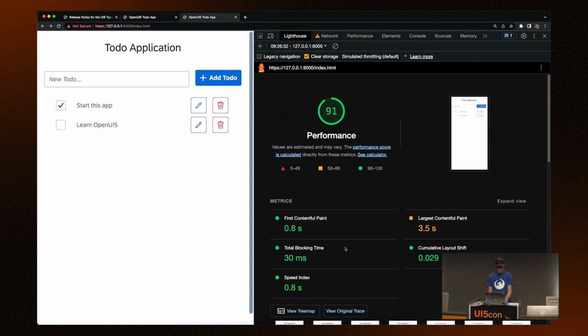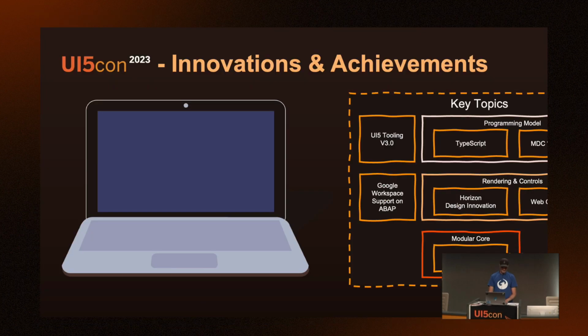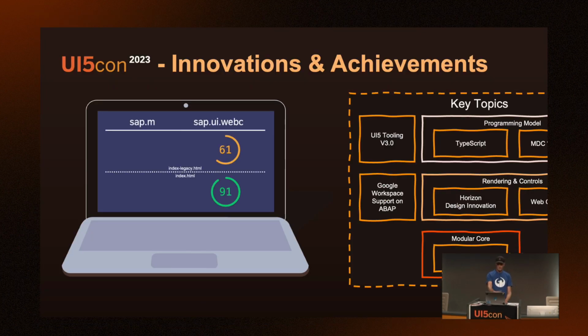I have one more slide for you. That's what I showed you. Yeah, the application using the WebC and the web components, and we also did a measurement using M controls, but it's harder to adapt. We need to adapt some controls to new APIs. It's not yet fully done, but we also could improve a lot here.